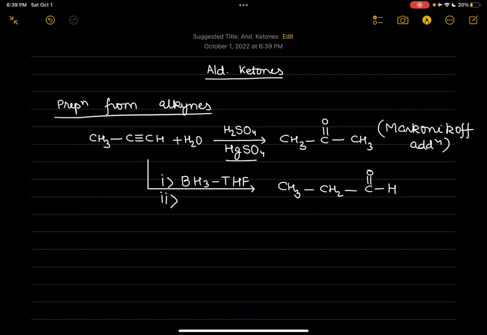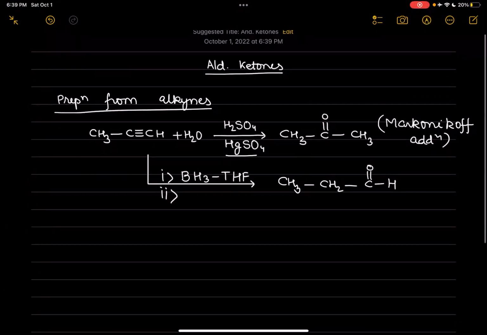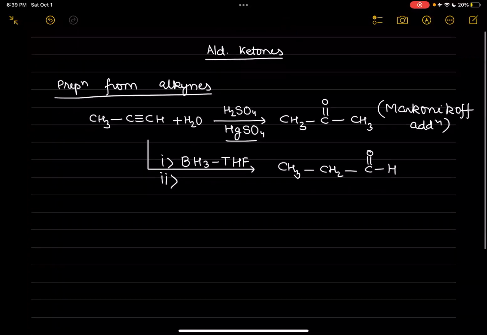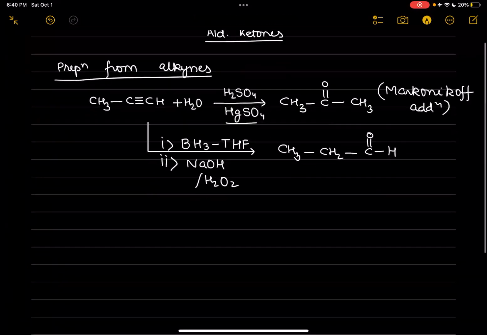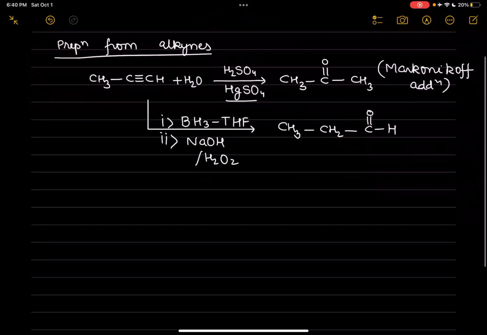Along with the oxidation. Now for the oxidation you are going to take NaOH, H2O2. So could you recall this?